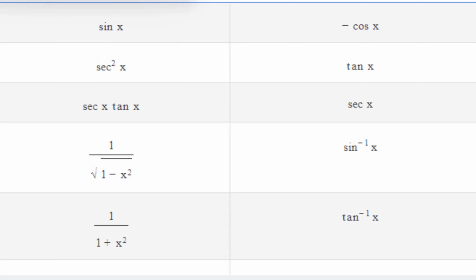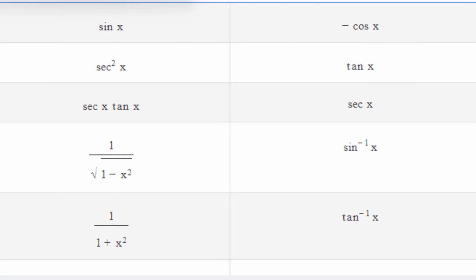The integral of sine of x is negative cosine of x. We just saw that a minute ago. The derivative of tangent of x was secant squared of x, so the integral of secant squared of x is tangent of x. Secant x tangent x integrates to secant x. You'll notice if you just switch these two, you'd have the derivative table. Nothing has changed in this.